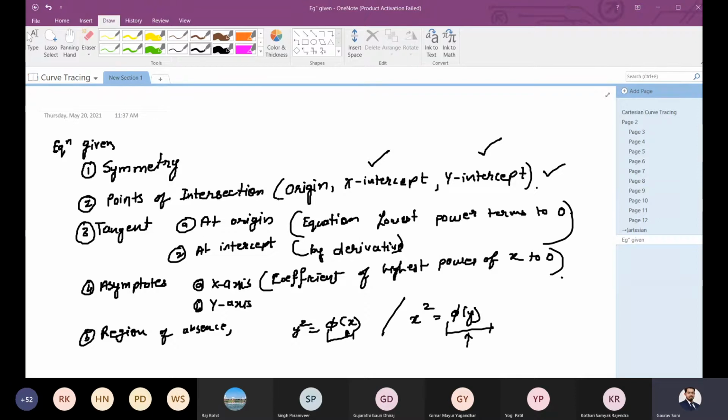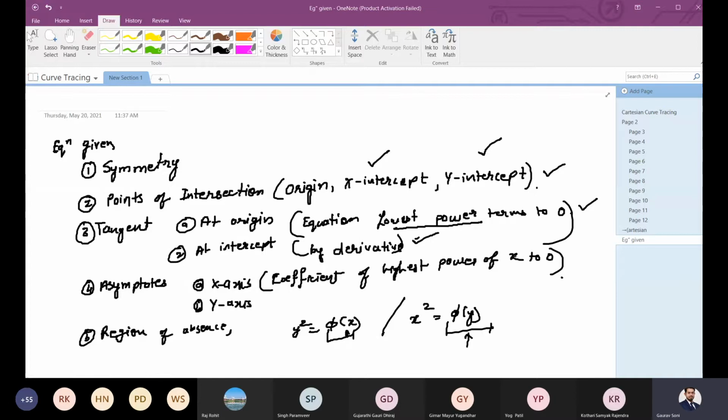First, the tangent at the origin: you equate the group of lowest power terms directly to zero, and we get the equation of the tangent at the origin. Then at any intercept, we will find it by the derivative.